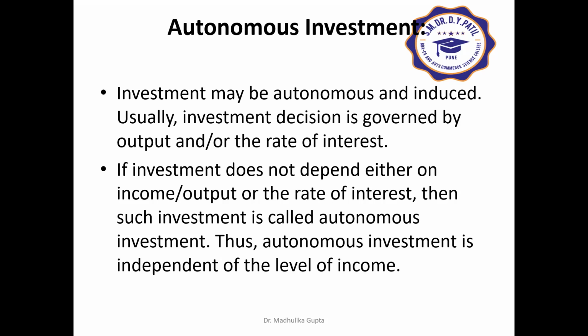This can include government investments, funds allocated to public goods or infrastructure, and any other type of investment that is not dependent on changes in GDP. These are autonomous types.